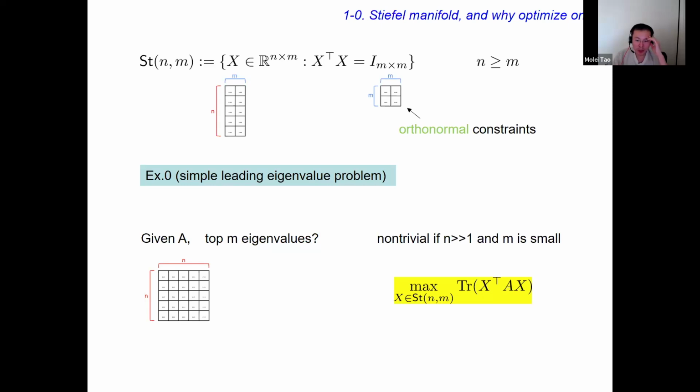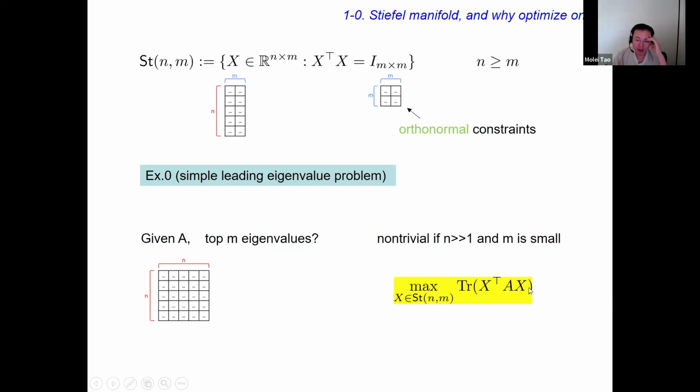Here is one approach. You can cast the problem as an optimization problem, where you maximize over this X matrix, which is n by m, and it has to live in the Stiefel manifold. The idea is you let this X encode the orthonormal basis of an m-dimensional subspace of this n-dimensional space. So it's a very low-dimensional subspace of a very high-dimensional space. Then you project this A matrix to this subspace.